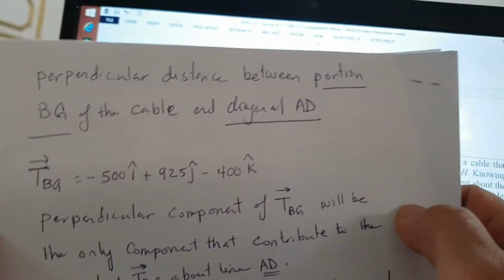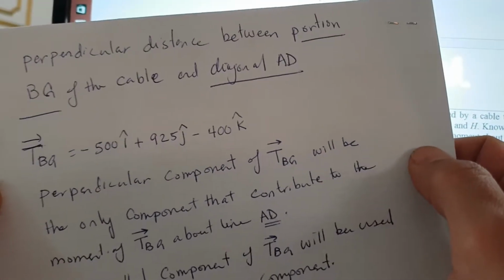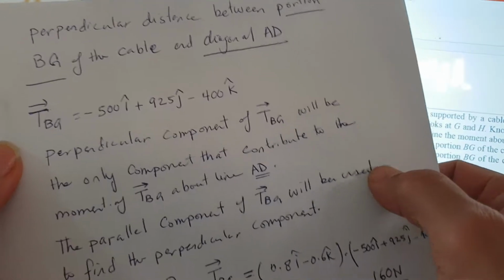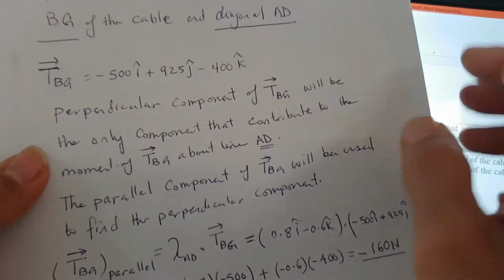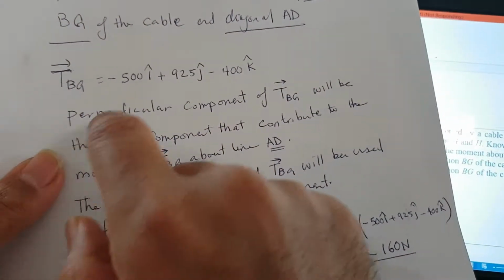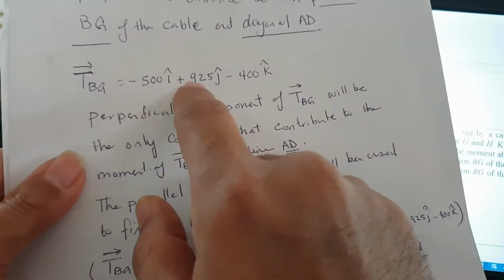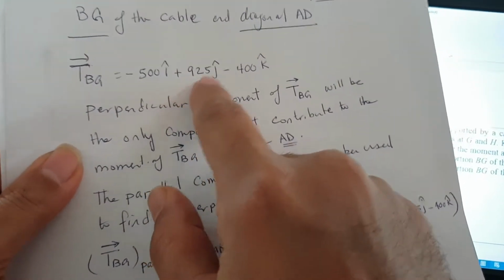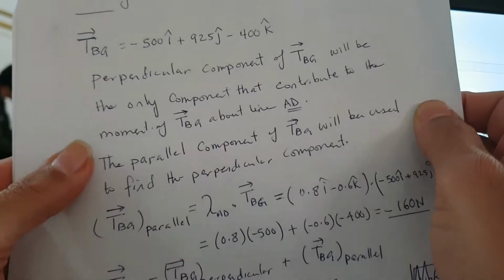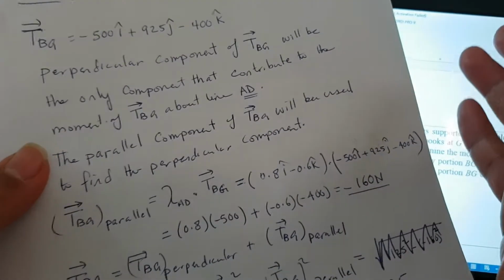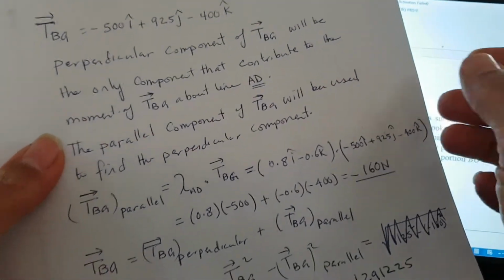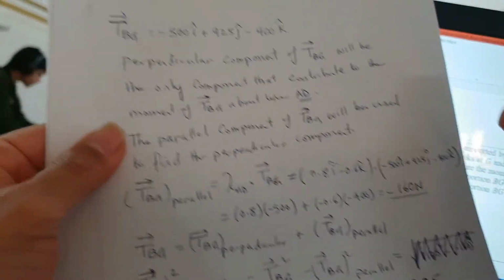First of all, the perpendicular distance between portion BG of the cable and the diagonal AD is needed. Let's put the tension BG, the one we just found before: minus 500I, 925J, minus 400K. The perpendicular component of TBG will be the only component that contributes to the moment.